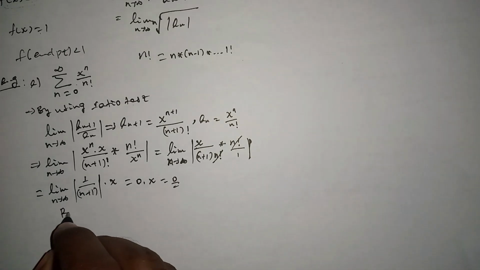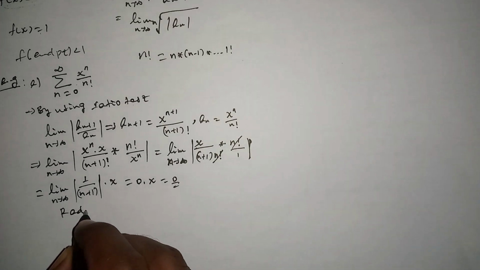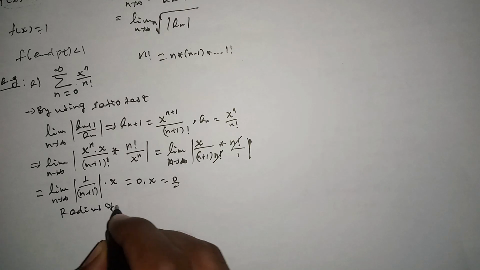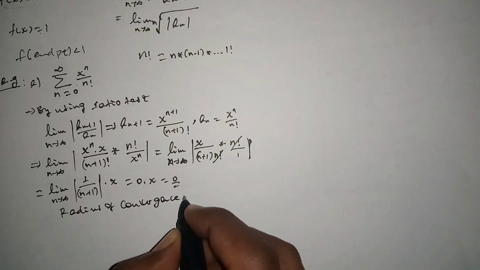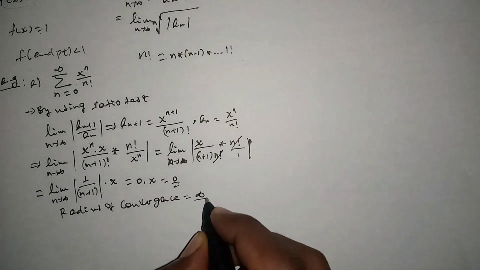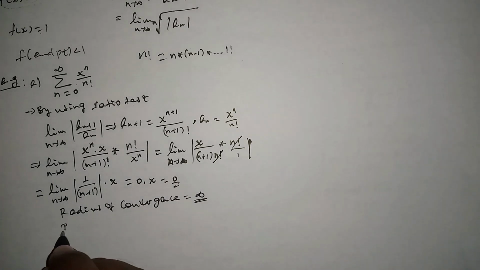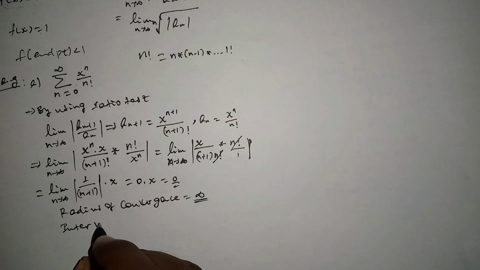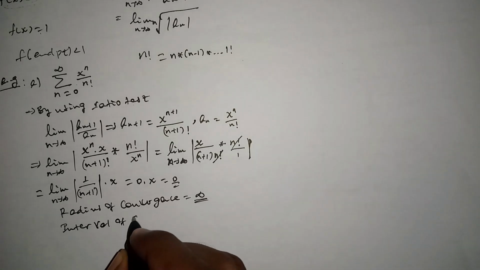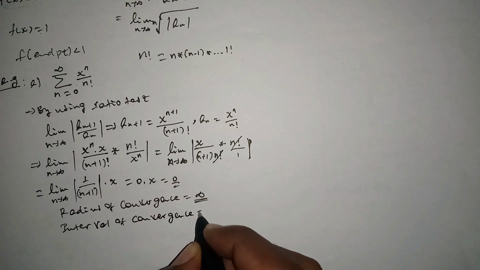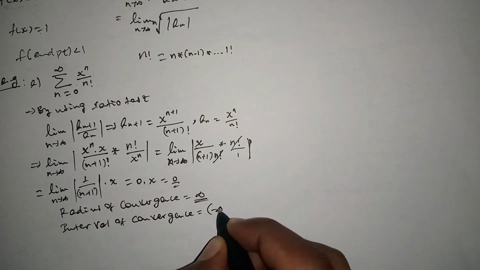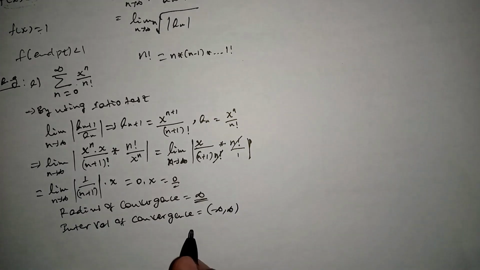So we have radius of convergence equal to infinity, and interval of convergence equal to from negative infinity to positive infinity.